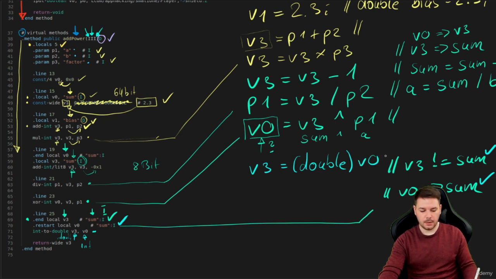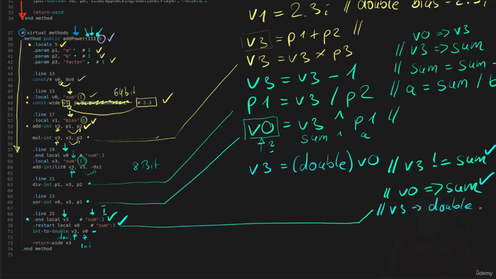Okay. And this means v3 is also of type double. But let's not write this over here. Let's write this downwards here. Okay, so this should be fitting.